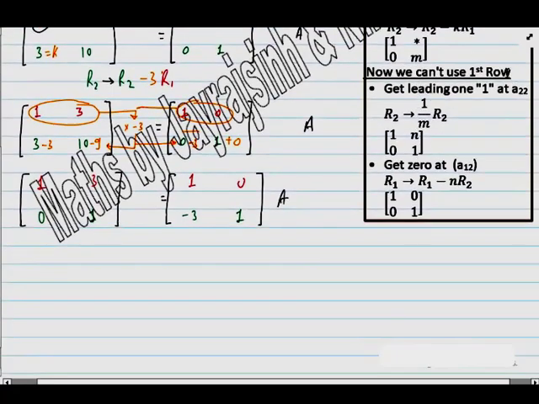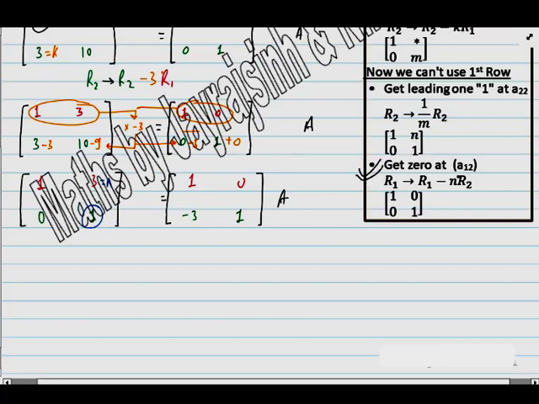Now we can use the first row. The third step is get leading one at A22 point. We already have leading one at A22 point, and we will get the value of n is equal to 3, which will be useful in the last and the fourth step.